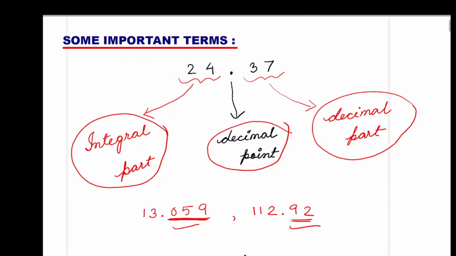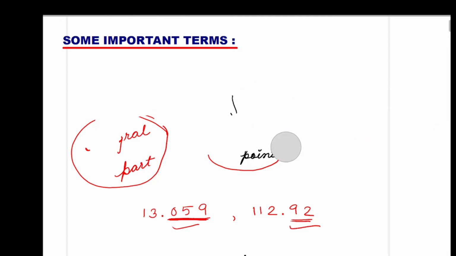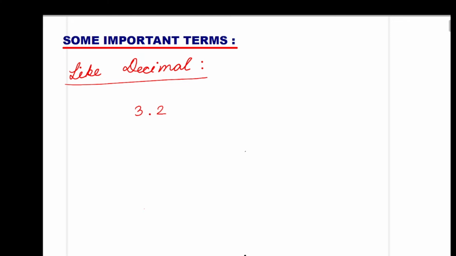Next, for this part you just pause the video and write it down. Next I will explain like and unlike decimals. What is a like decimal? Suppose 2 decimal numbers are there, 2.98, and here another number 35.864.